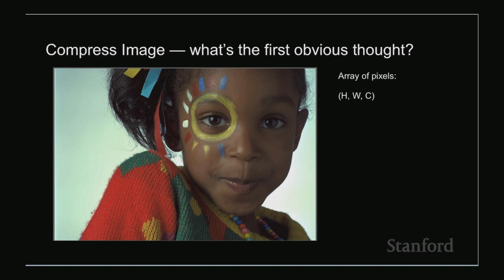Cool. So now that we have set up the problem, let's think about how we would compress this image. Your image, again, is just an array of pixels: height, width, and some number of channels, for now RGB. Any thoughts on what you can do to compress this image? Let's not even worry about distortion for now.